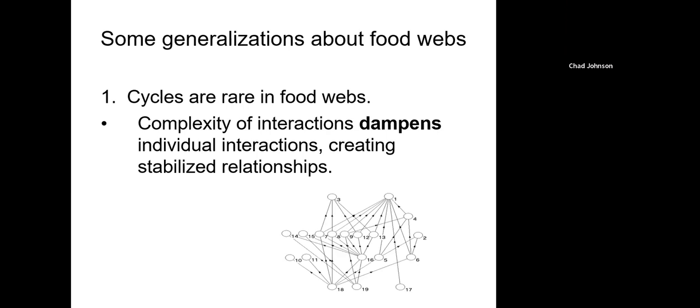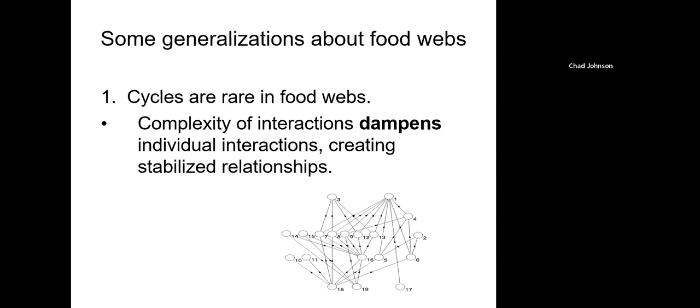In other words, if 13 and 16 have a predator-prey relationship and they create cycles for each other, the fact that 13 is being eaten by 3 and the fact that 13 is competing with 12 and 9 and 8 and 7 for 16, and the fact that 16 has to worry about all these guys, and the fact that 16 is actually getting resources from somebody else, that complexity dampens the instability and cycling in relationships.